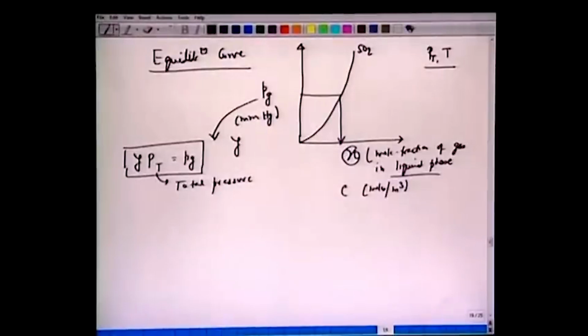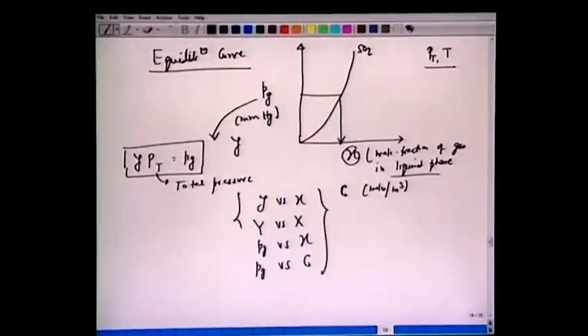So, different ways of writing these concentrations, okay, either y versus x, capital Y versus x, Pg versus small x, or Pg versus concentrations, different ways of writing all these equilibrium curves here. Idea is that given pressure and temperature, such data are known to us from certain handbooks or from certain calculations.